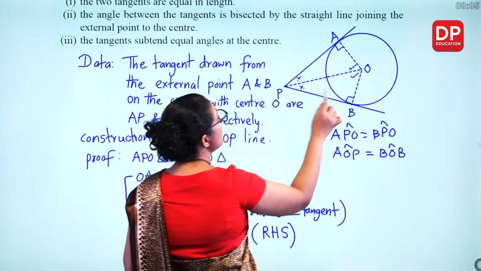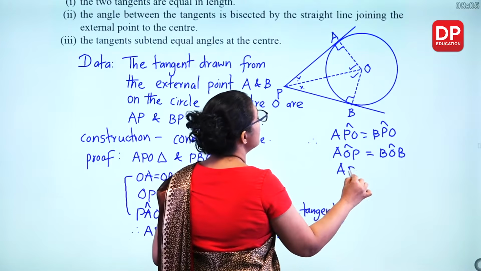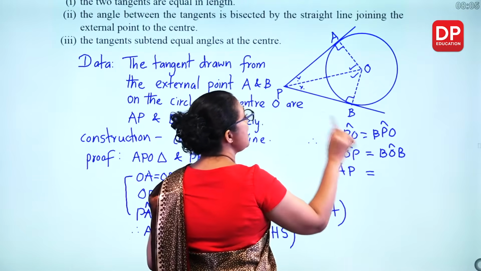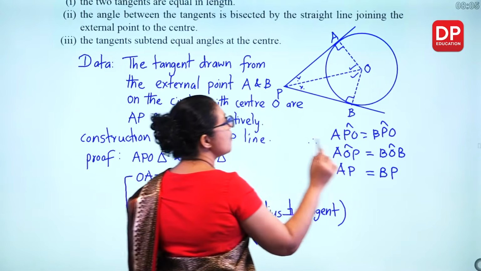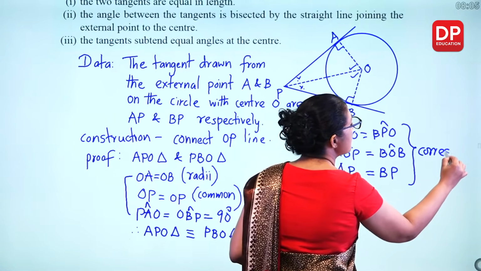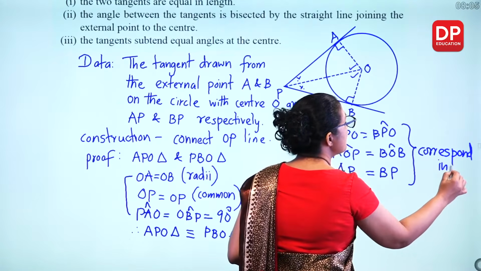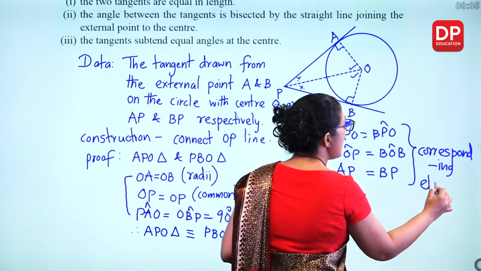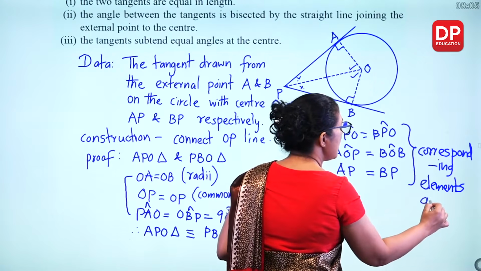These two are equal, and the two lengths AP and BP are equal, because corresponding elements are equal.